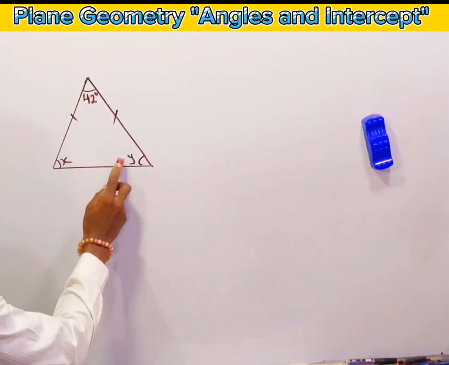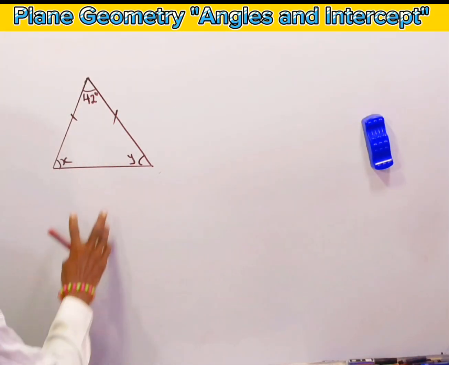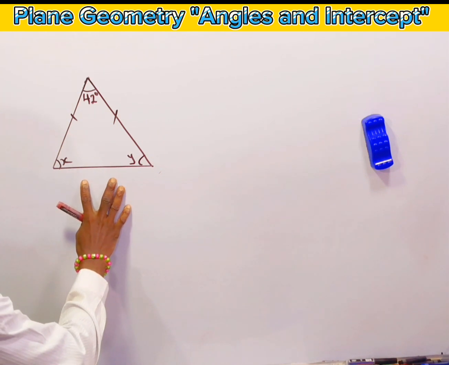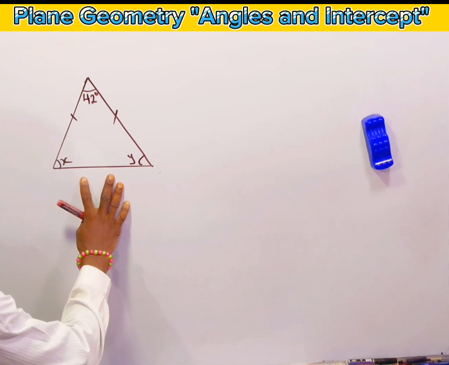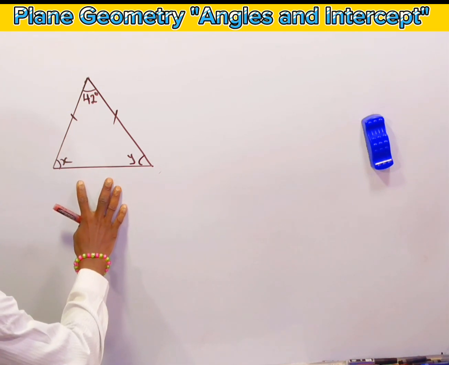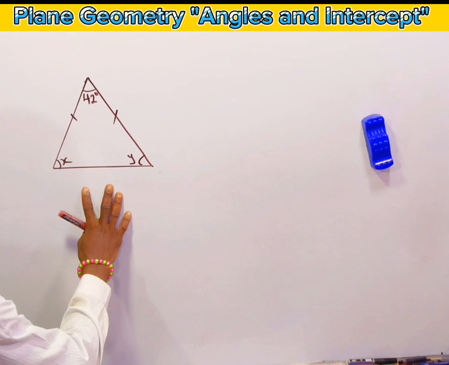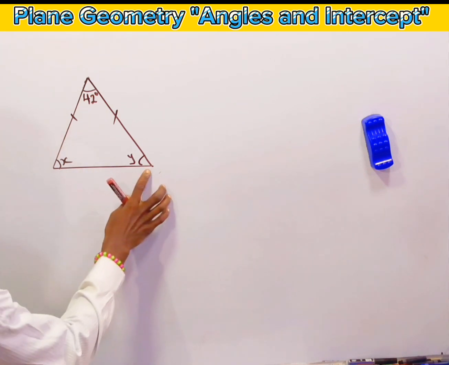Find the value of X and Y. Now we are having a triangle. What kind of triangle is this? This is simply an isosceles triangle. And since it is an isosceles triangle, the base angles are equal.